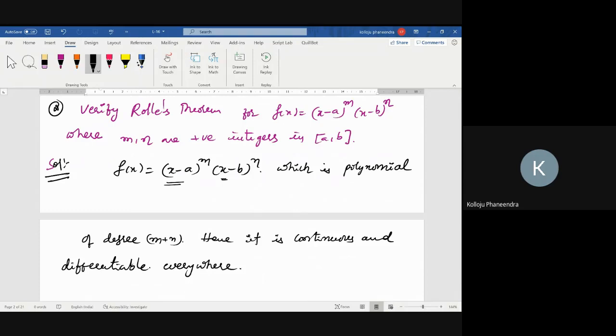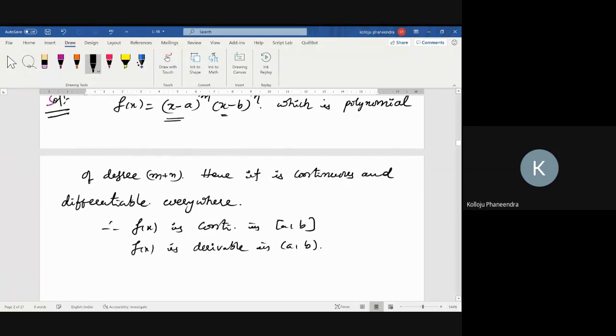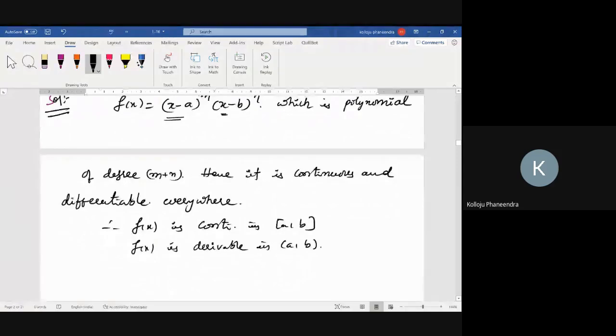So, the first two conditions are satisfied. Therefore, f of x is continuous in the closed interval AB, and f of x is derivable in open AB. You may have one doubt, why it is not derivable in closed A comma B. It is sufficient in open A comma B. If it is derivable in closed AB, don't bother.